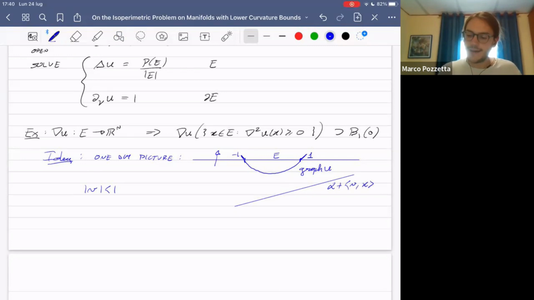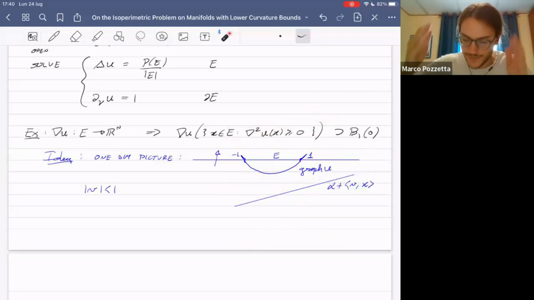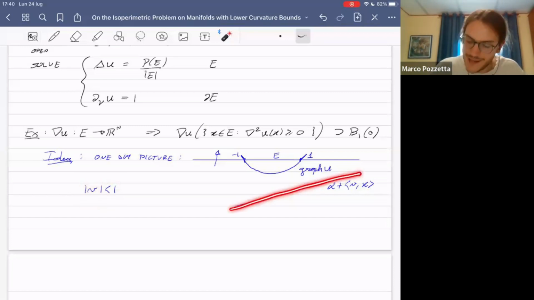So this is a plane, and its gradient is exactly v. And if I change alpha, then I slide this plane up and down. The important thing is that since I have chosen v with modulus less than 1, this plane is not too vertical. In particular, it has a slope which is less than the slope at the boundary.